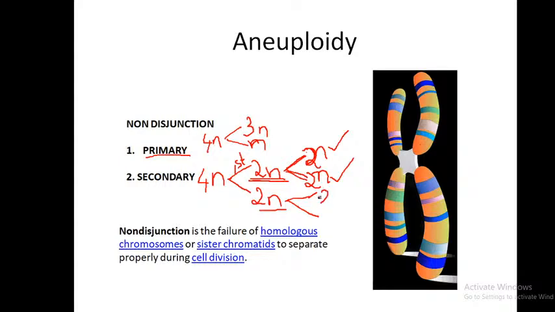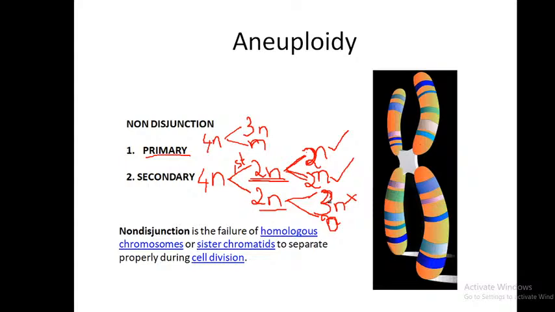As a result of this abnormal division of the cells, 3n may result or n may result. There is a change in the number. Where 2n should be formed, 3n and n are formed. So during the meiotic division, these two are normal gametes and these are abnormal gametes.